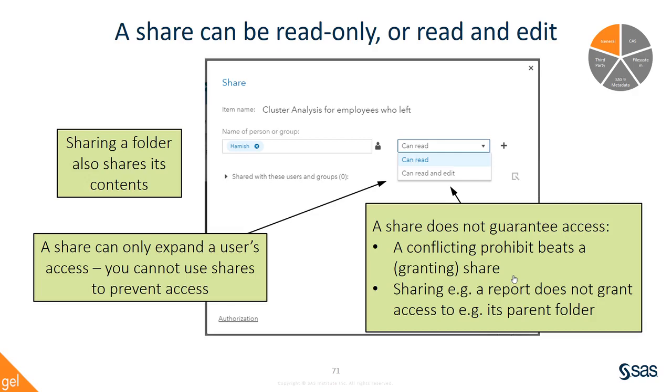If there's a prohibit somewhere from another rule, it's going to prevent the person you shared the item with from seeing it. And sharing doesn't go up the inheritance path. So if you share a report, a user would still have to have access to the folder to be able to access the report. It doesn't grant access to the folder higher up the hierarchy.